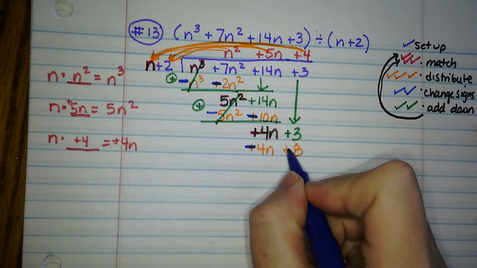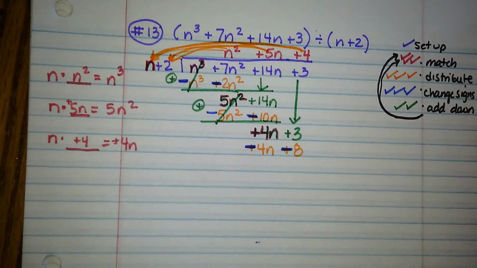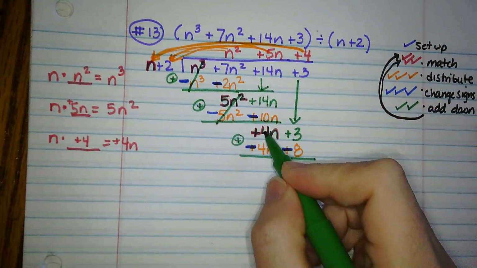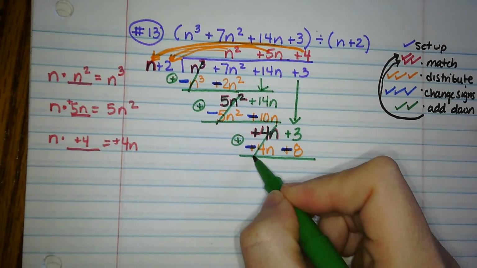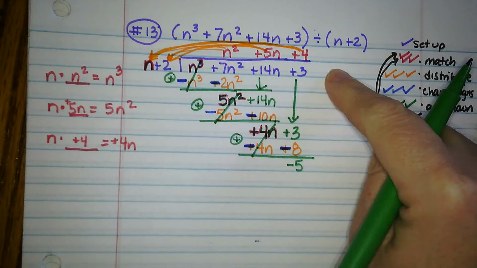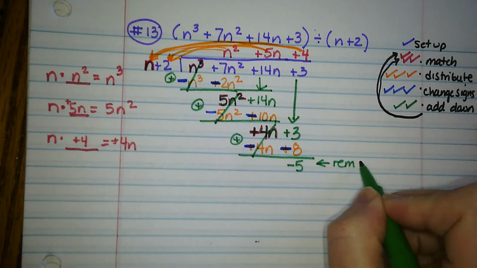That gets a negative, that gets a negative. Change signs complete. Add down. Positive 4 and negative 4 cancel. 3 plus negative 8 is negative 5. I've got nothing left to bring down. This is my remainder.